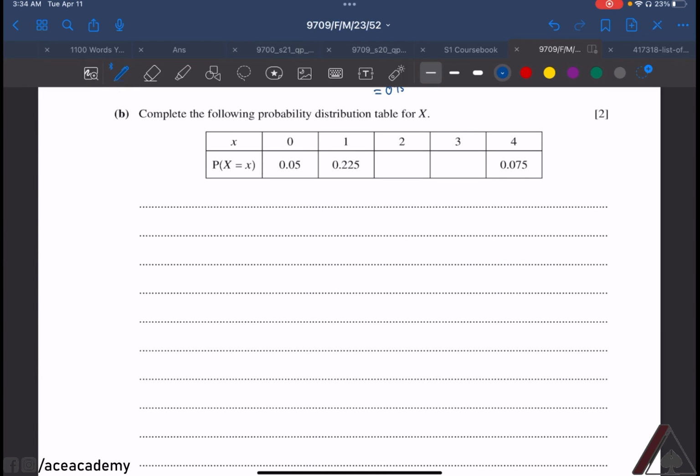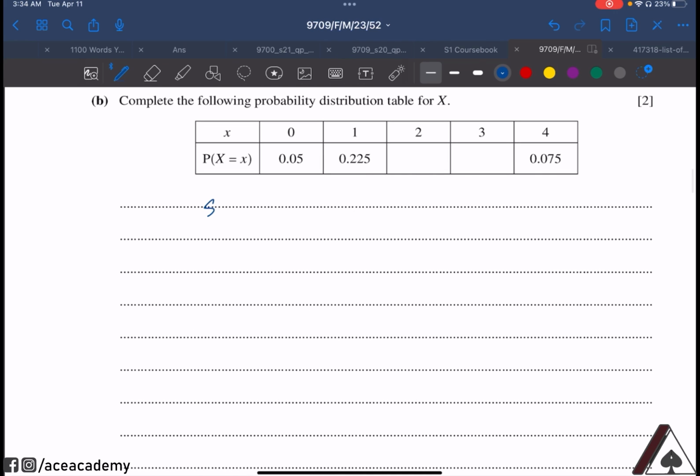Again, we have two situations here. Situation 1, which is one biased head, one unbiased head, and 2 unbiased tails.